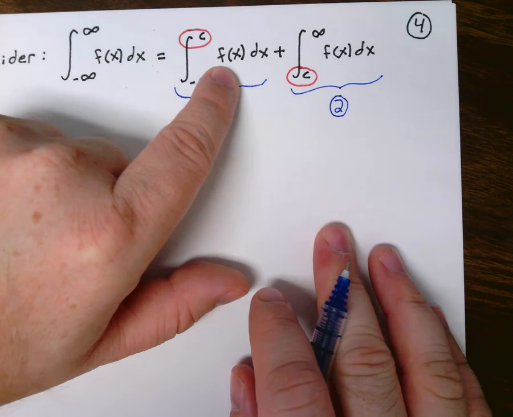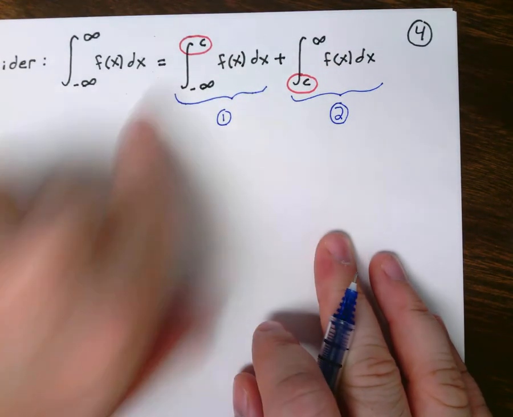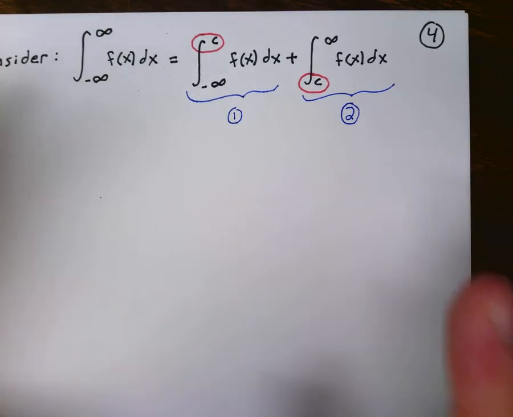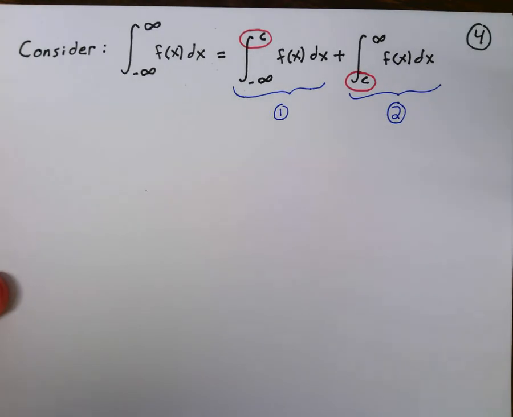If this diverges, the whole thing diverges. If this diverges, the whole thing diverges. So the second anything diverges, you can stop the problem immediately and say it's a divergent integral. You don't actually have to compute both if one of them is divergent.